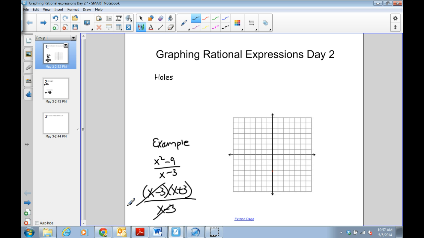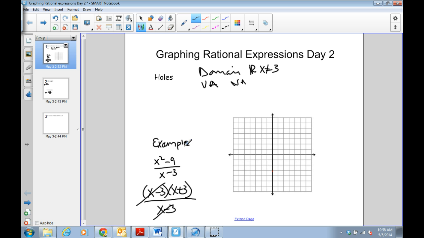Earlier on Friday we said that the domain on this one was what? All real numbers except x not equal to 3. What was my vertical asymptote on that? It's N/A, right? Because we canceled it out. There's nothing on the bottom there. But what happens is the factor that was on the bottom becomes the hole.